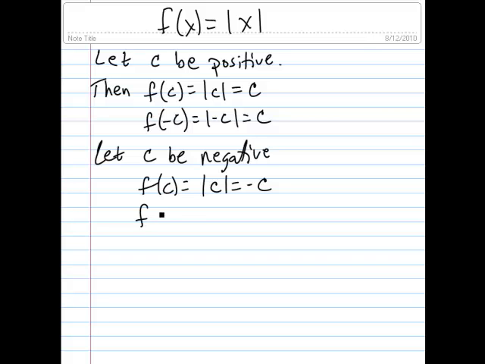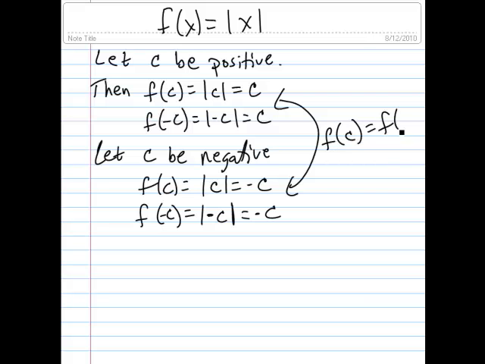And f of negative c equals the absolute value of negative c. Negative c is a positive number itself, so it is the negative c. So we see here that in both cases, and we'd also have to, if c was 0, clearly the absolute value of 0 is equal to the absolute value of 0. But we see in both cases here that f of c equals f of negative c.